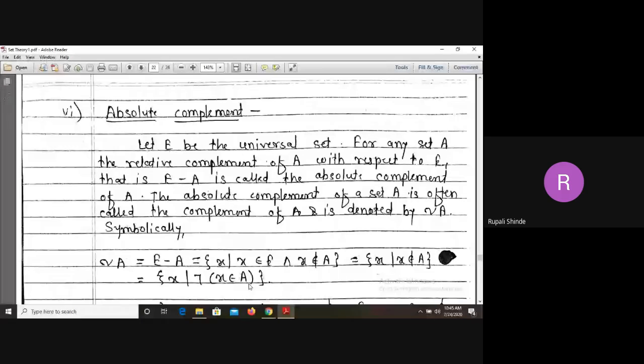All the elements that are present in universal set E but not in set A. That means, leaving out all the elements that are in set A, the remaining elements in the universal set are called the absolute complement of set A with respect to E. That is E minus A, and this is equal to negation of A. Leaving out the elements of A, the remaining elements, means negation of A. So take down the definition for absolute complement and its symbolic representation.